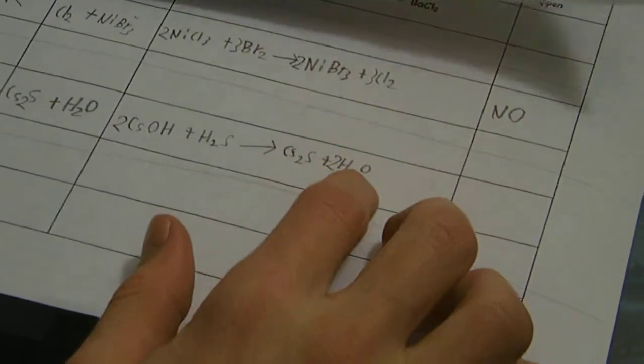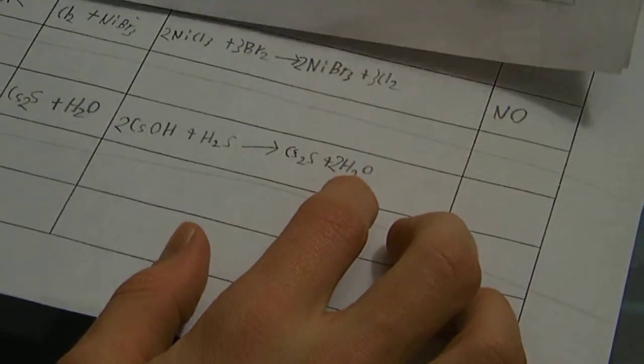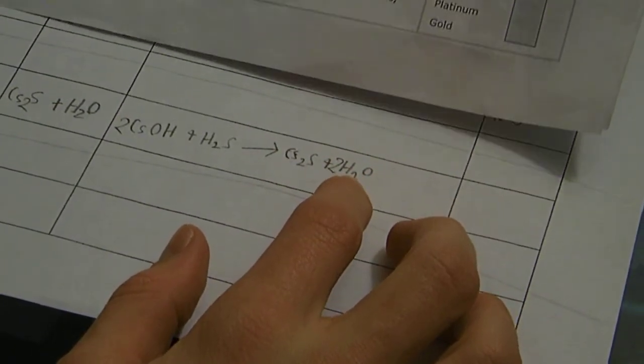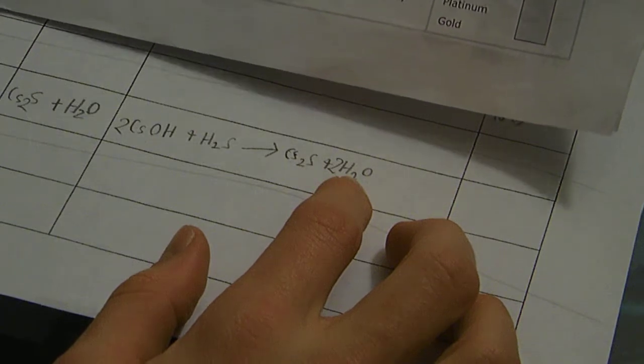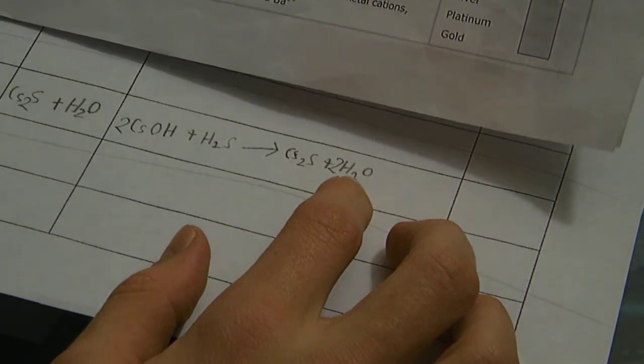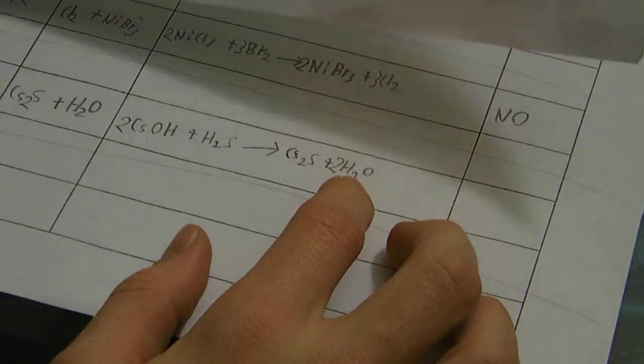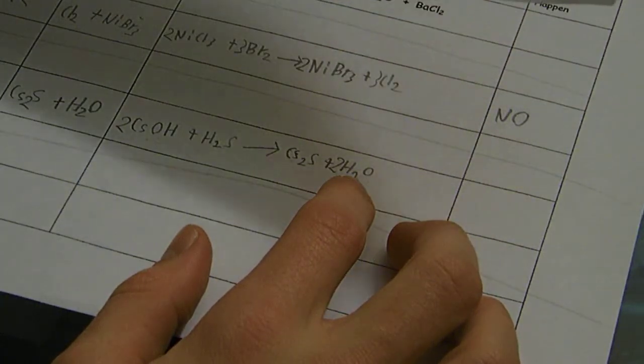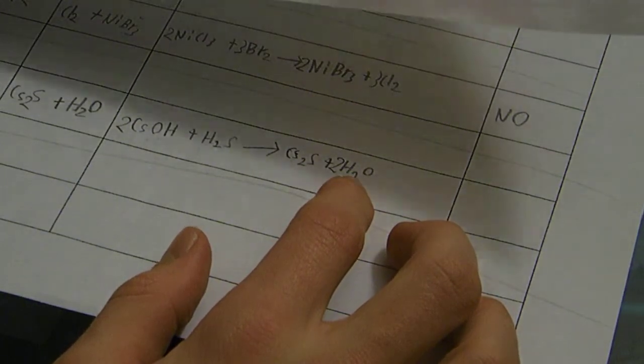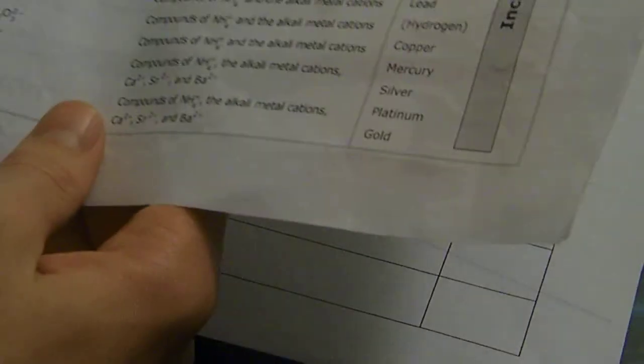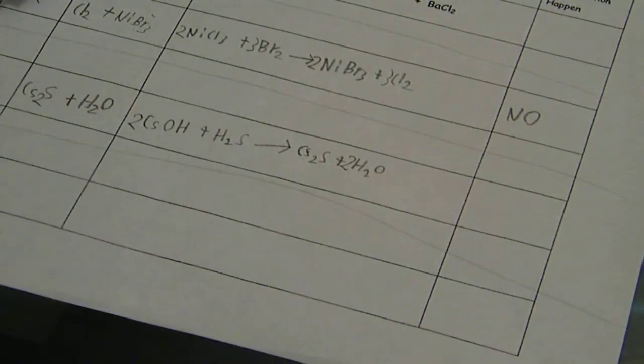So then we go and look at H2O. If you notice, H2O isn't even on the solubility chart because H2O is already a liquid.